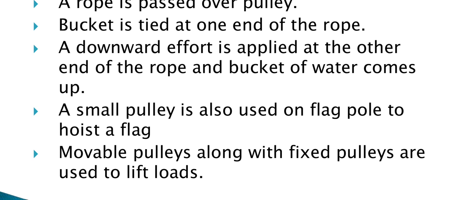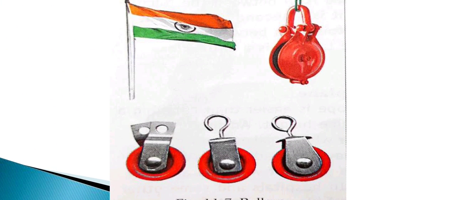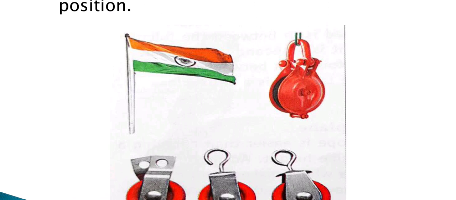A small pulley is also used on a flagpole. Again, I will show you the figure in your textbook on page number 102, figure 11.7. See that flag it is given. On the upper end of that pole, a small pulley is used on a flagpole to hoist a flag.